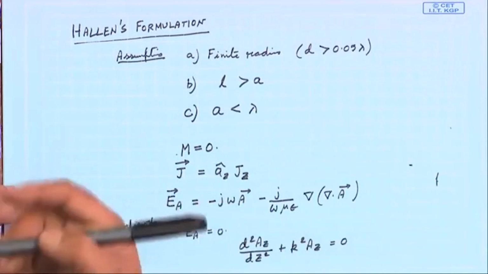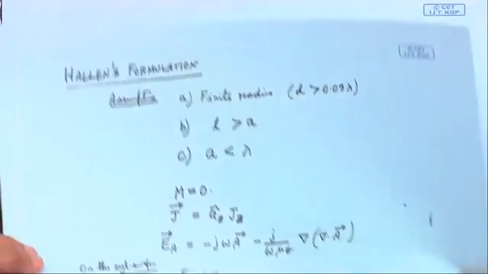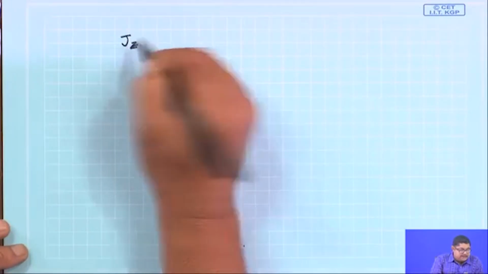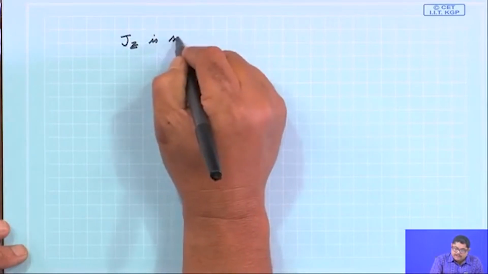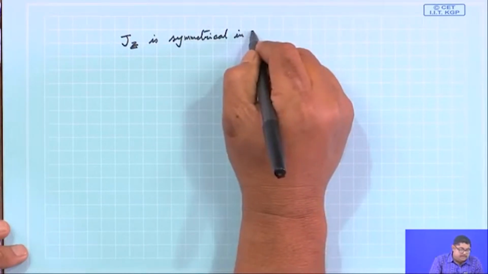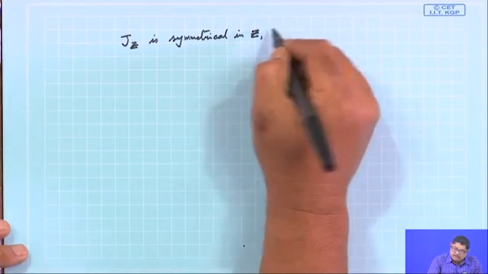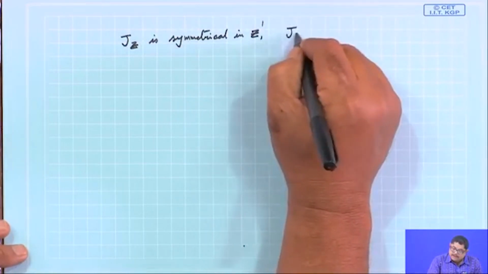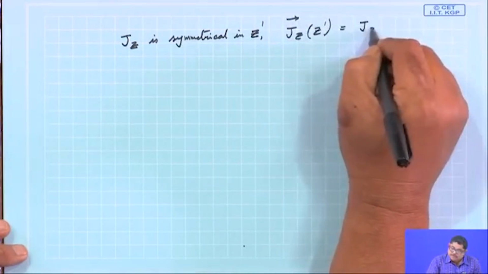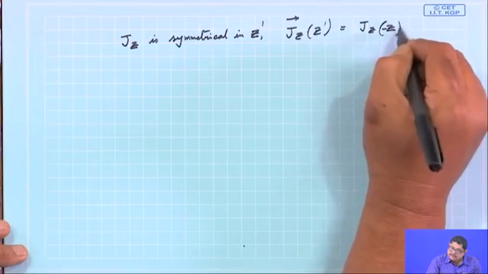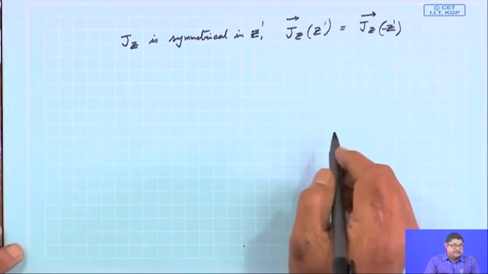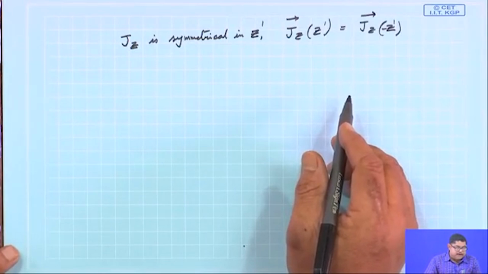Once we know the vector potential, we can easily find J. Now, J is symmetrical in z or z dash. That means J(z, z dash) is equal to J(z minus z dash), because the structure and the excitation are symmetrical, a bipolar excitation.